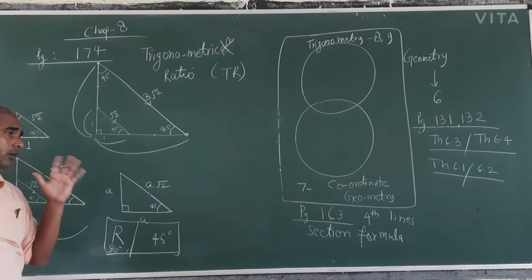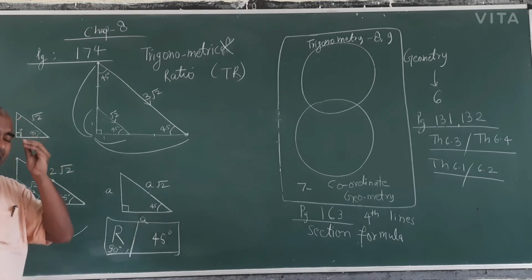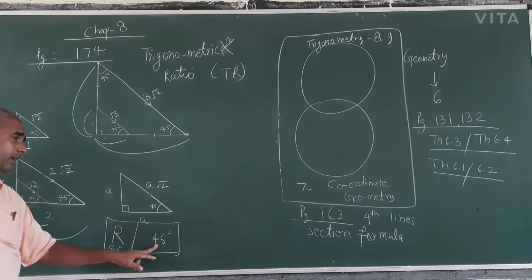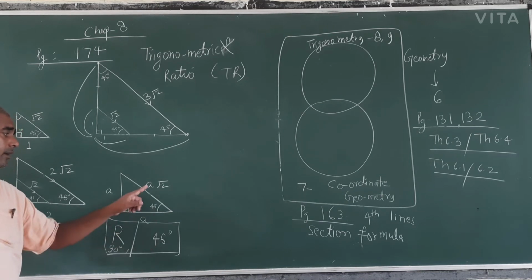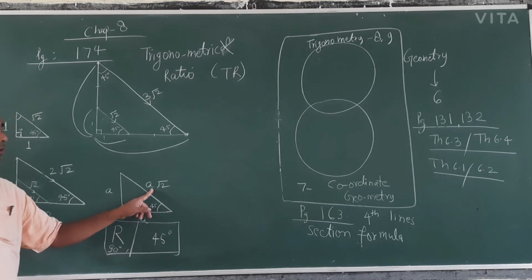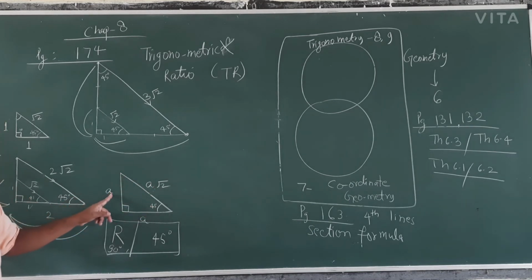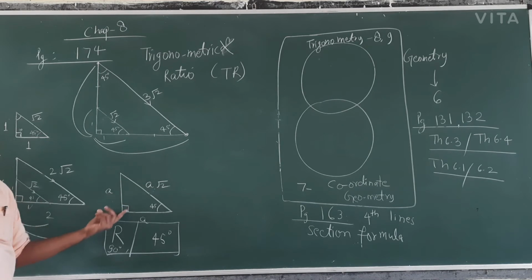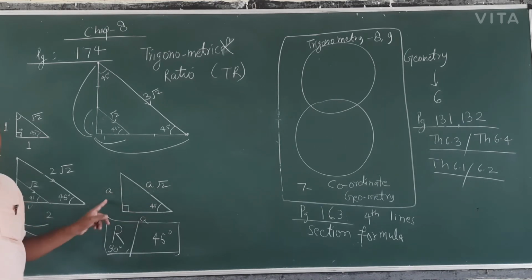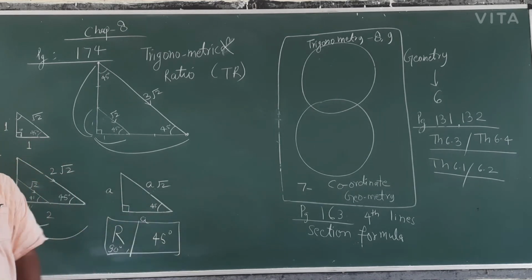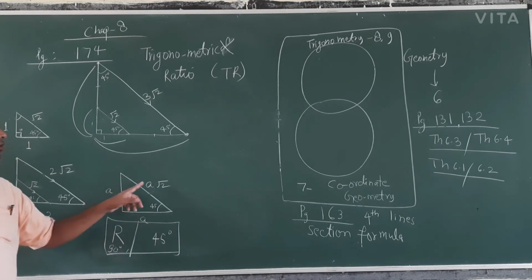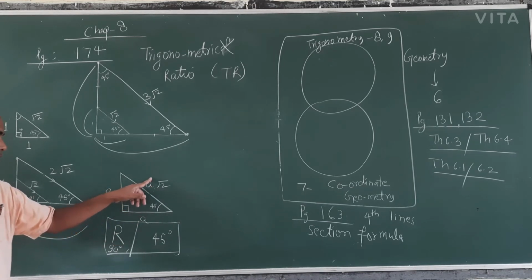Any right angle triangle, if one angle is 45 degree, then the hypotenuse will be root 2 times of any side and the other two sides will be equal. These three pieces of information will be used in the trigonometrical ratio. The ratio will be 1:1 and 1:root 2, or you may say root 2:1.